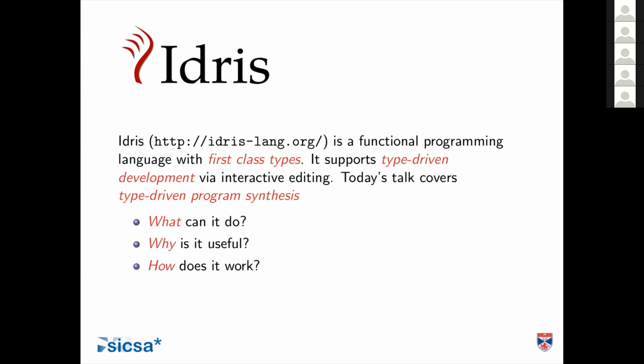Then in the last ten minutes or so of the talk, I'll give you an overview of how it works. The reason I want to do that is one criticism I sometimes see of this approach to programming with interactive editing: it's just a magic trick, a conjuring trick. What I want you to understand is that, yes, that's right, it is just a conjuring trick. It's surprisingly, beautifully simple.